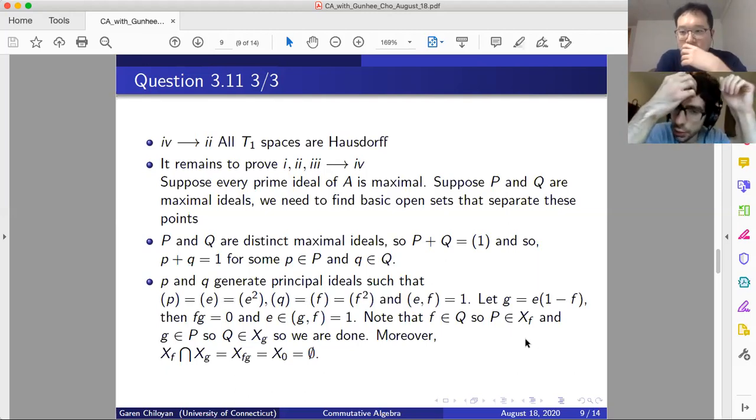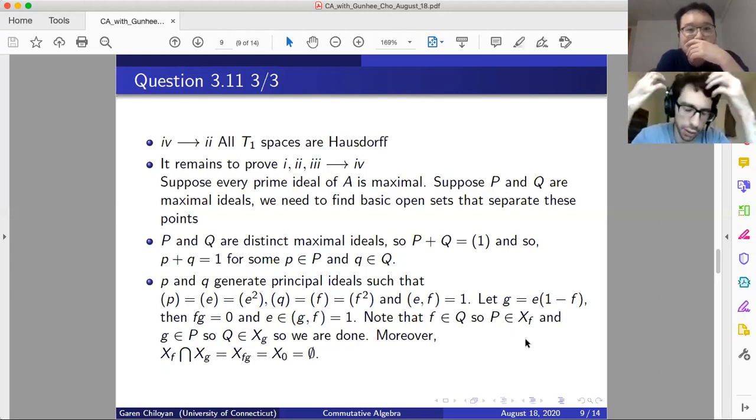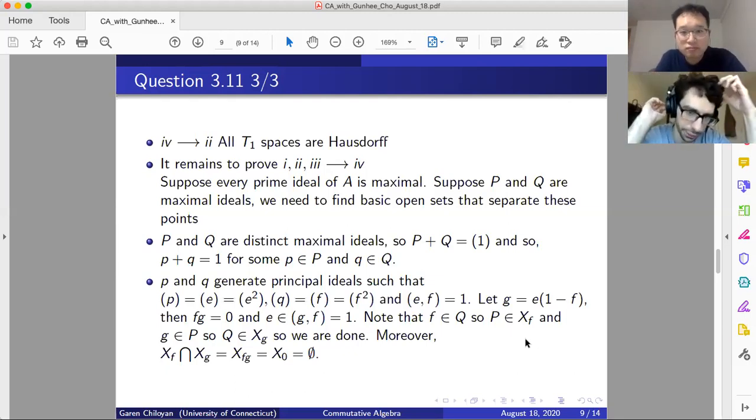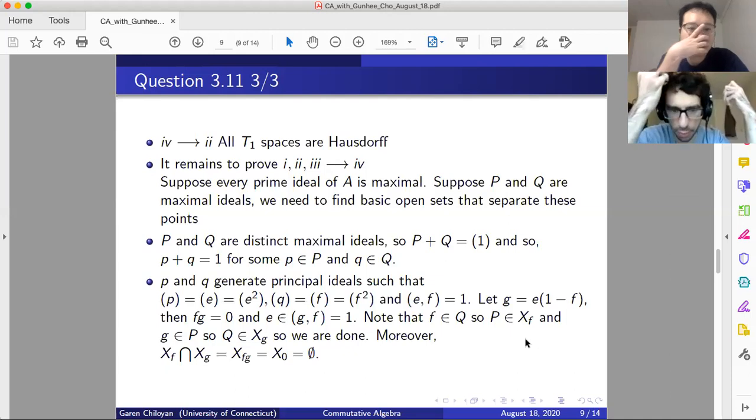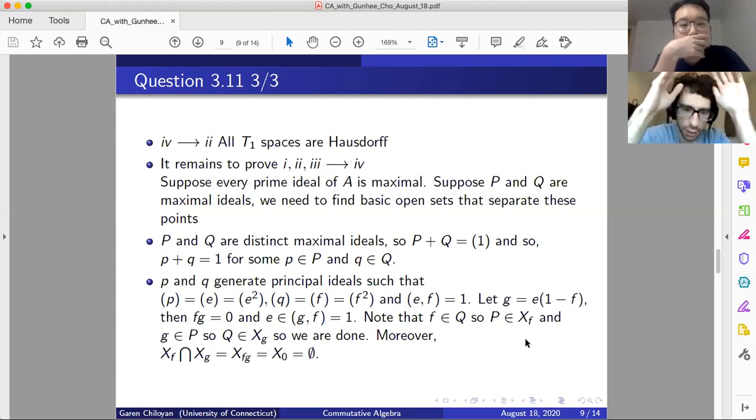So P and Q are distinct maximal ideals, so their union generates a non-proper ideal. And so you can find elements of P and Q which add together to get the number 1. The rest of this is extremely technical.